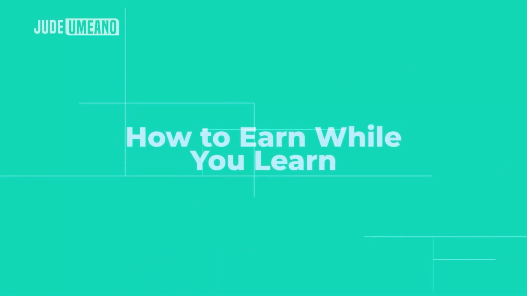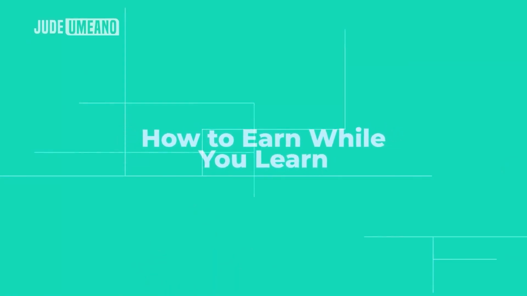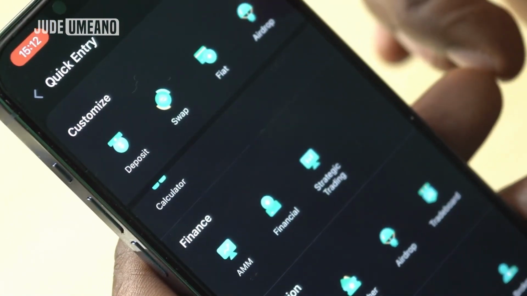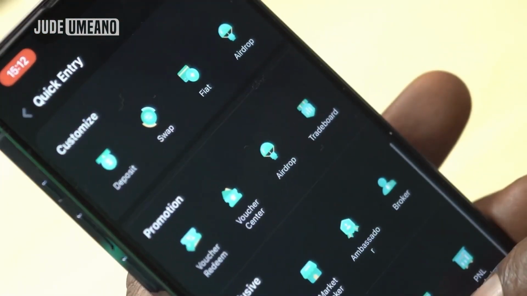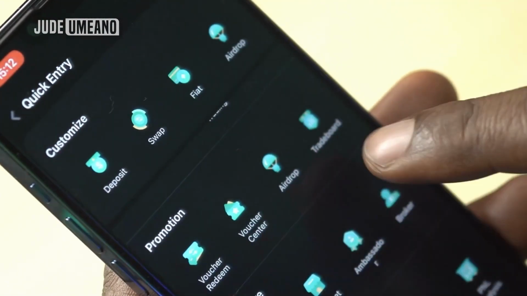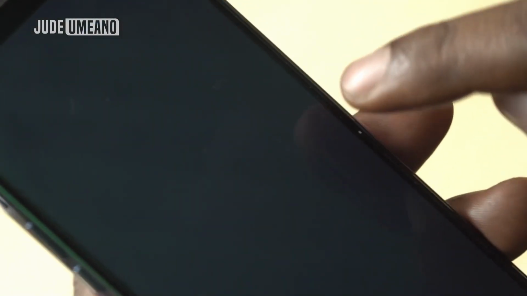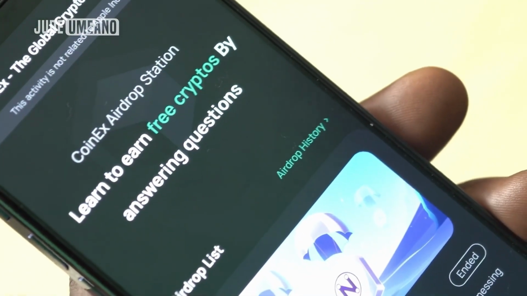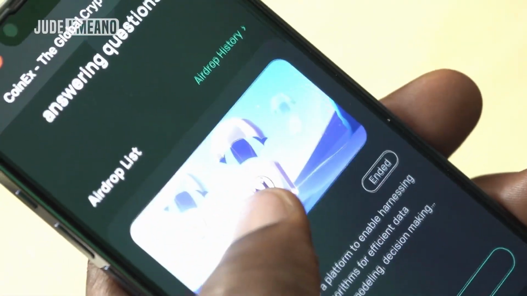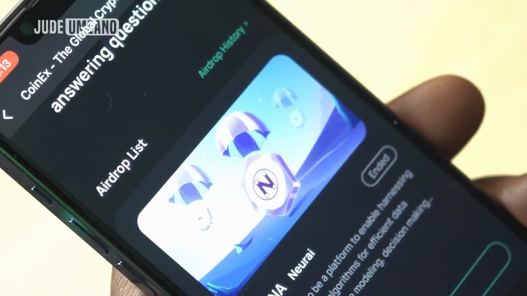Now, for the bonus I talked about, if you look at the airdrop section, you can see airdrop here. If I go down again to where we have promotions, you can see airdrop. When you click on it, you can learn about different cryptocurrency projects and earn reward by doing so. There's no one that is on right now.